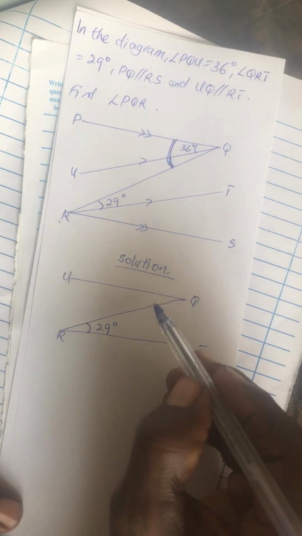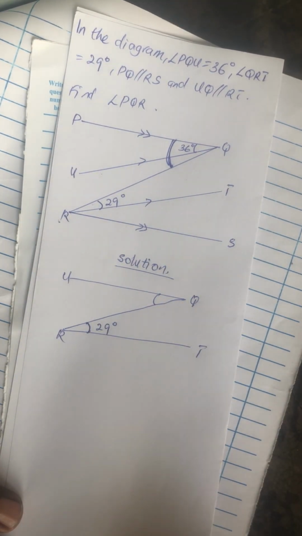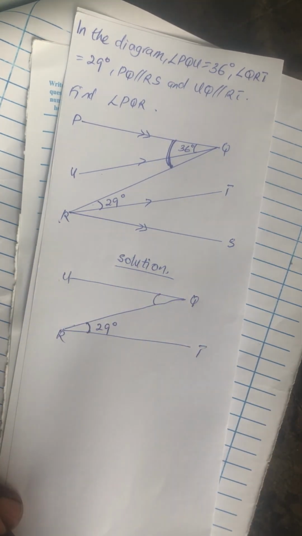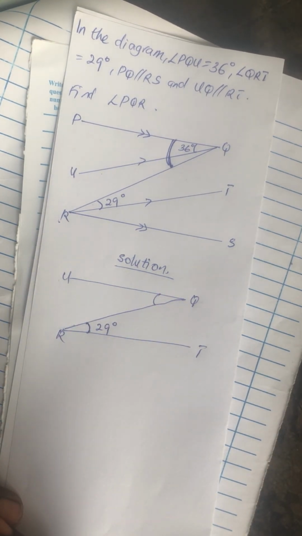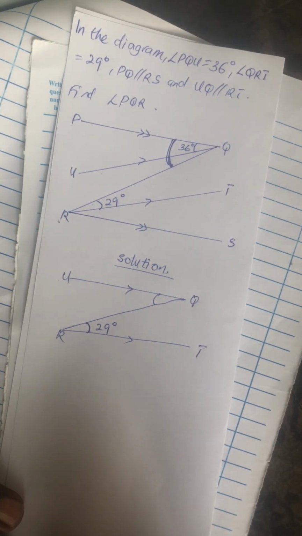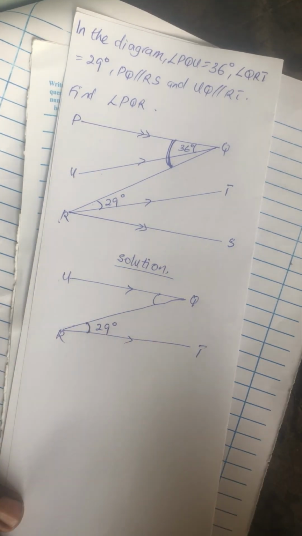The angle here and the angle here are very much related. Looking at this diagram here, it's a Z-shaped diagram. Whenever we have parallel lines and we get a Z-shape from those parallel lines to the transversal line, an angle is created known as the alternate angle.